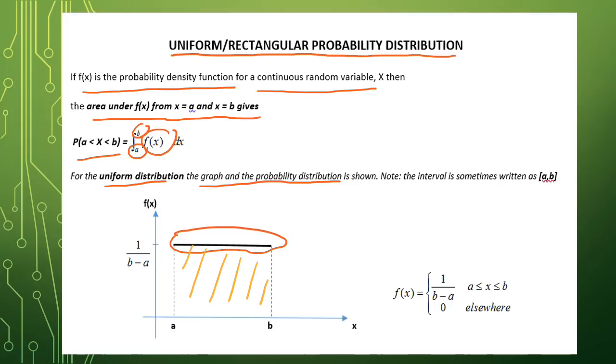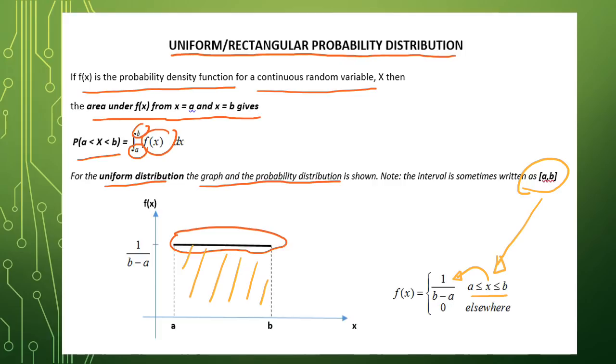Now let's look at the connection between f(x) and the graph. In the question, the interval will be given in this form. And you know this interval can be written in this form where x is between a to b inclusive. There's a connection between the interval and the function. So if you know the interval, you can form the function by yourself.